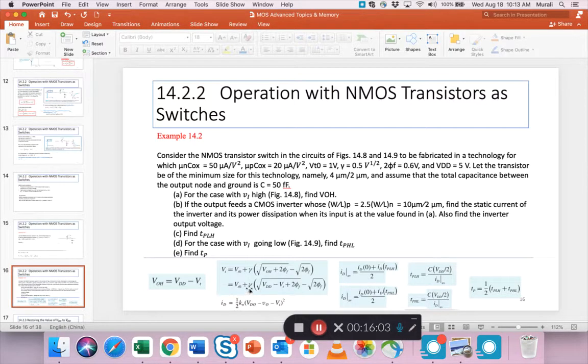So you use this ID twice, and one time it's in saturation, another time it's in triode. So you apply both formulas, where here it never goes to triode, so you don't apply that formula.